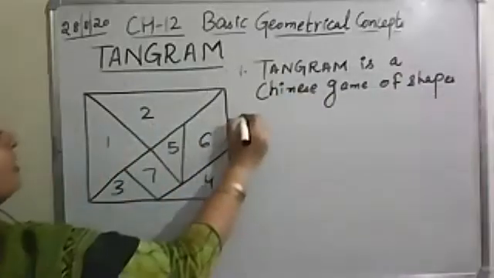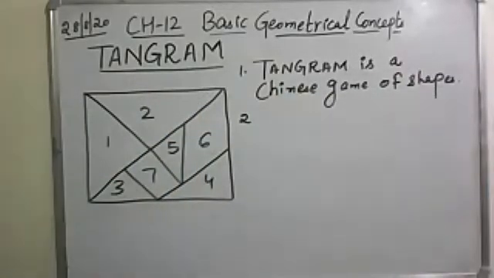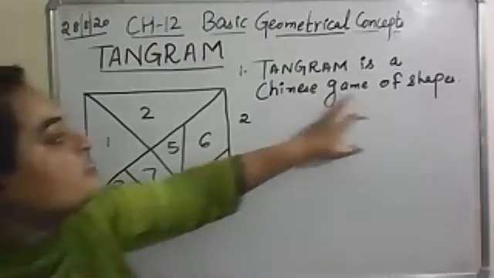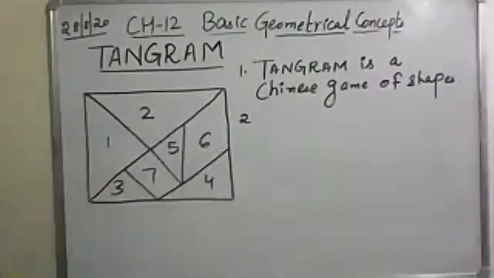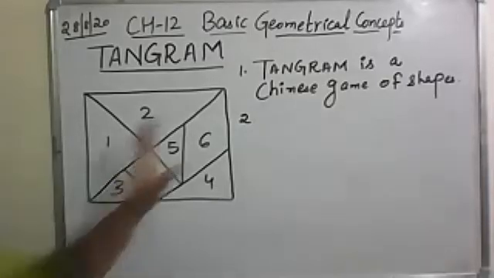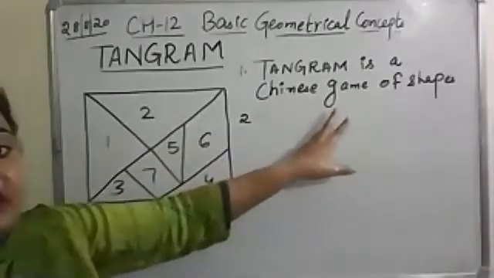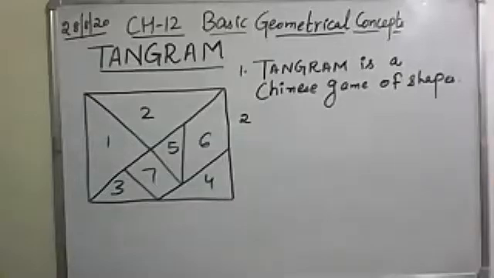This is the first point. In the exam, you will observe fill in the blanks based on this. Dash is a Chinese game of shapes. Then you will write in the blank: tangram. Tangram is a Chinese game of shapes.